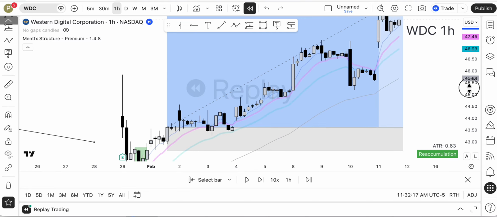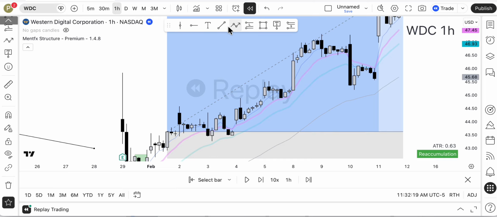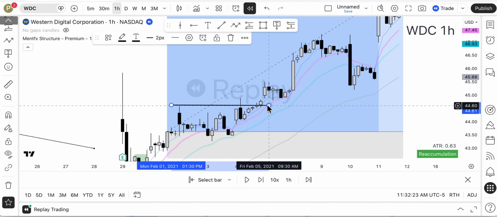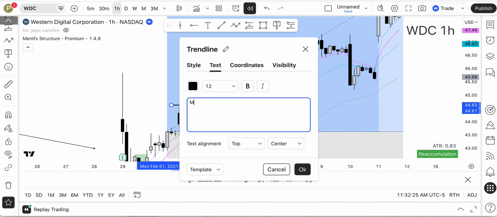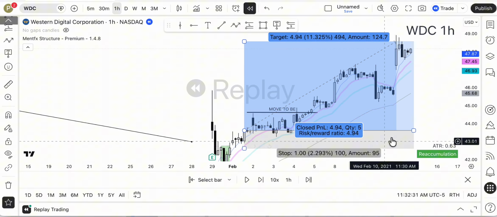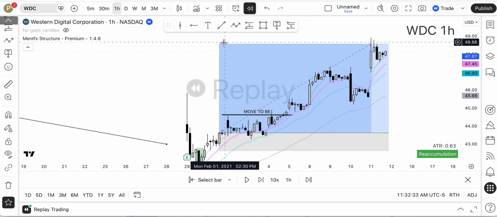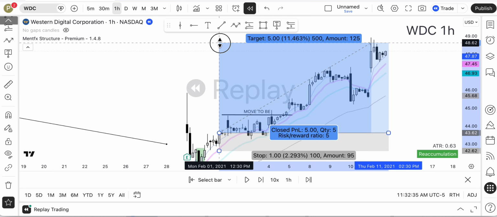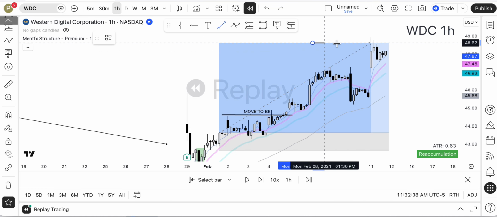Okay, so we actually would have moved to break even after we surpassed this level. So we are at break even and we hit our 1 to 5. So 50% partial.